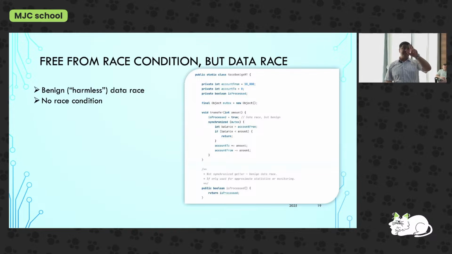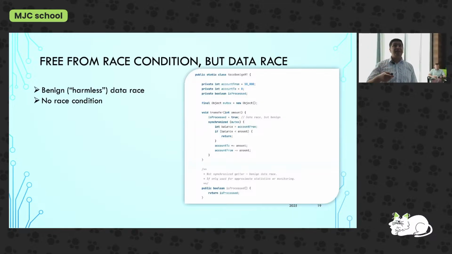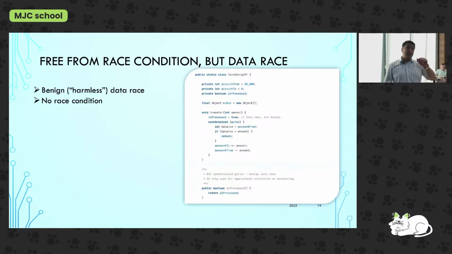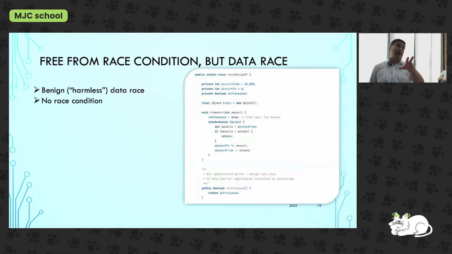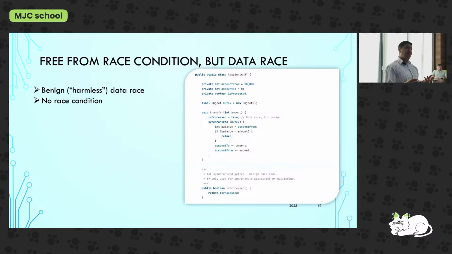Now, this shows a category of race which is benign or harmless. For example, I just introduced a transfer-is-processed Boolean, which is not included in the synchronizer. Also, it is not volatile, so it's a racy field, or racy memory.